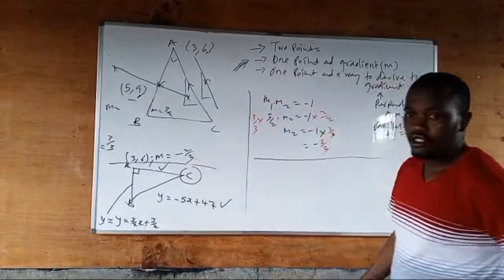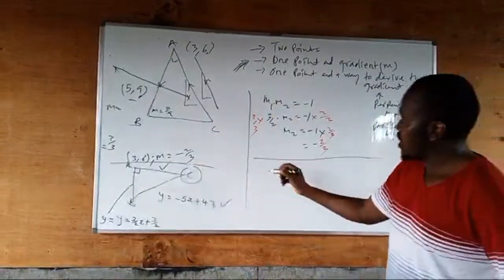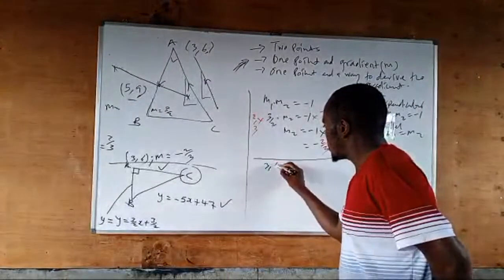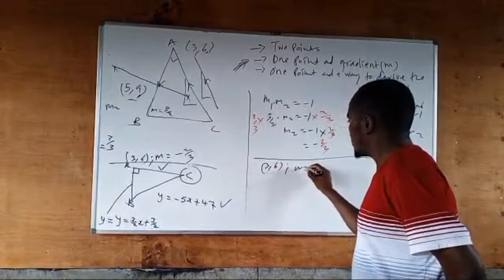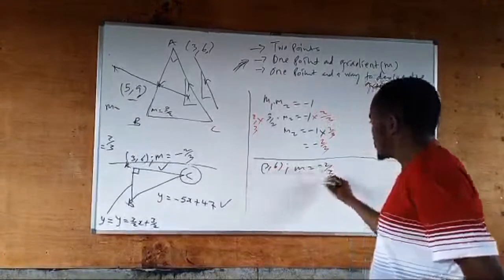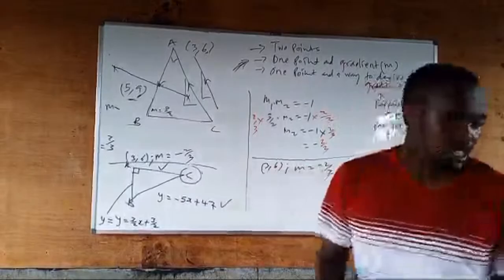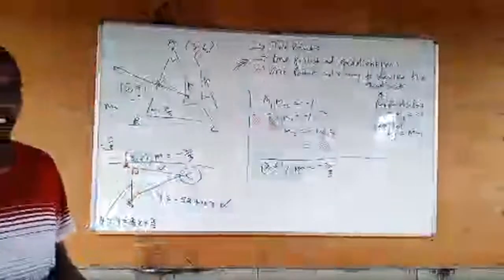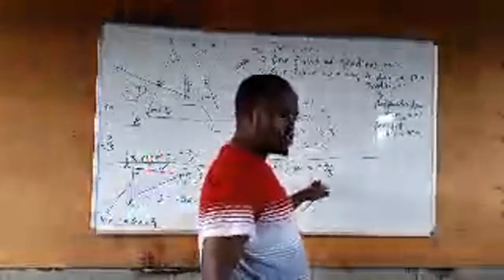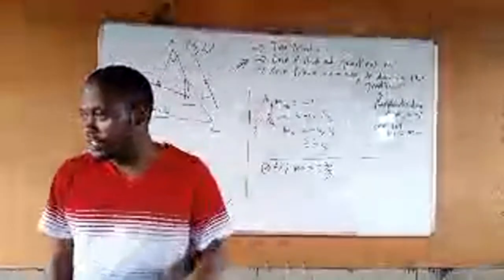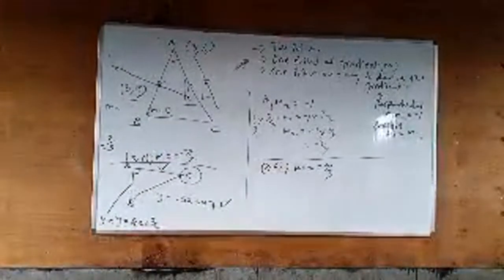Now, so kila mtu find the equation of a line that passes through the point 3, 6 and gradient equal to -2 over 3. You know maths has a way ya kuonyesha hizi lakini ufanye mwende. I'm not seeing you doing it. Unapata kwa mtihani you do it, we are learning science. You have already done it.